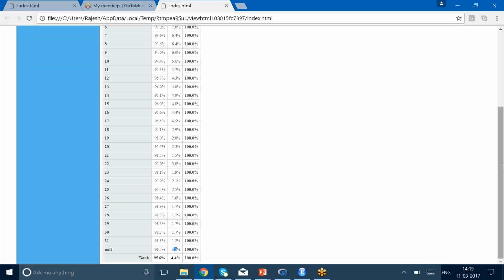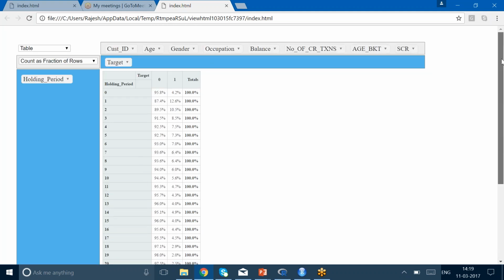Except for a null category where there is 3.5, and at 0 there is an aberration, because after 12, 10 and so forth, at 0 there is a 4.2, which means there is some data issue that we need to handle.